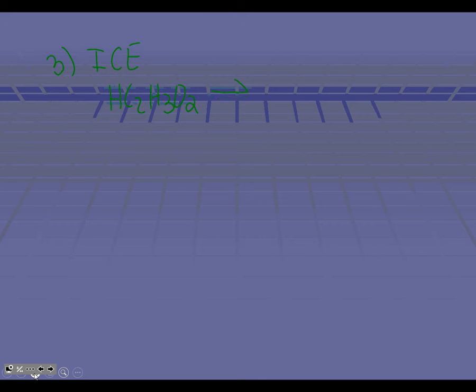Our weak acid dissociates into our hydrogen ions and our acetate. Work our ICE. We have 0.49 molar of our acid left, no hydrogen yet, and we had 0.51 molar of our conjugate base, our A minus.